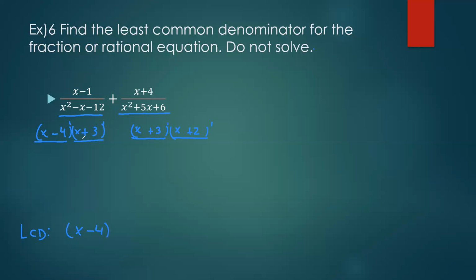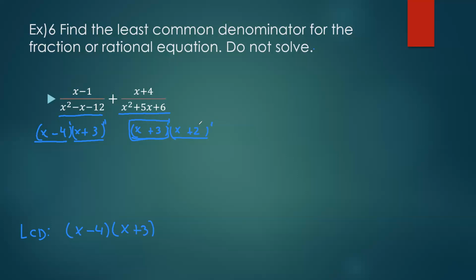Okay, now let's look at the base of x plus 3. Do you see anywhere else with the base of x plus 3? I do. I see it right here, right? So the rule states if you have a repeating base, pick the one with the highest power. Since they're both to the power 1, you're just going to say it's just x plus 3. Okay, now let's look at the base x plus 2.